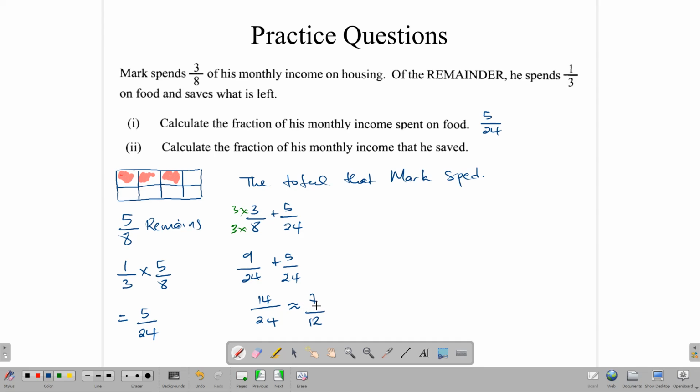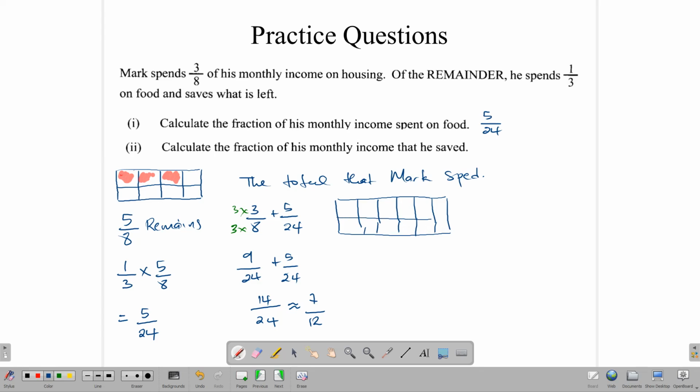So he spends 7/12. Now, in terms of saving and spending, his budget is divided into 12 parts. Let's look at that. 1, 2, 3, 4, 5, 6. A diagram is always interesting when we're doing these things. Let me just draw these down a little bit.